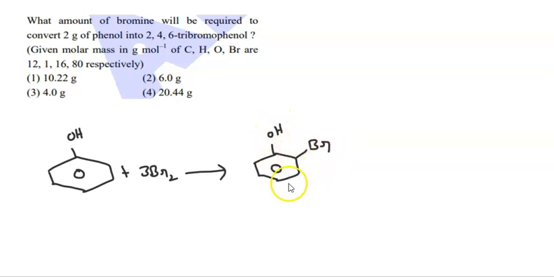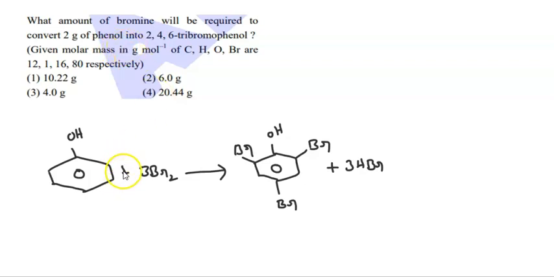Here you can get Br, here also Br, with the elimination of 3 HBr molecules. In this reaction, every 1 mole of phenol reacts with 3 moles of bromine to give this particular compound. You have to find the amount of bromine required to convert 2 grams of phenol.